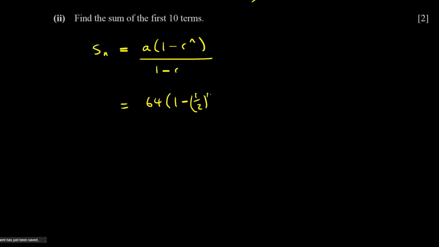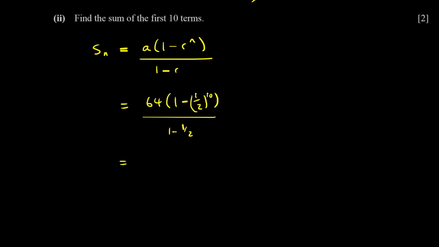So we need to use the formula for the sum of the first 10 terms. And the sum of the first n terms is a bracket 1 minus r to the power of n all over 1 minus r. So if we substitute in, we're going to have 64 times by 1 minus a half to the power of 10 all over 1 minus a half.